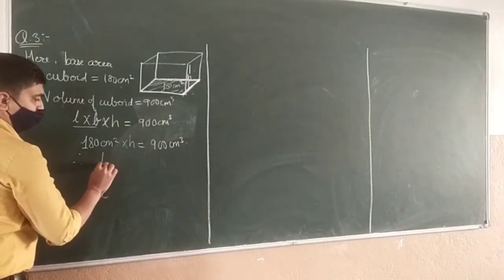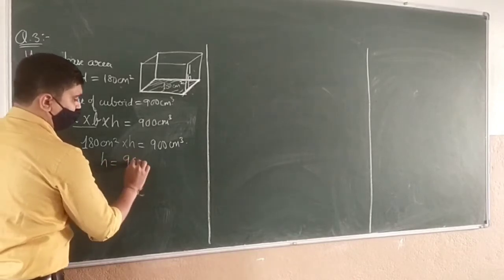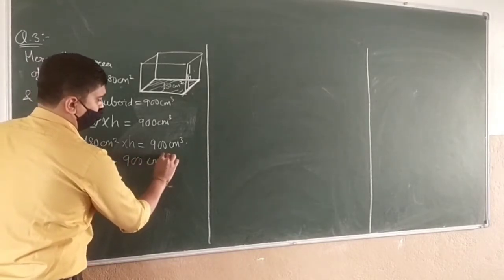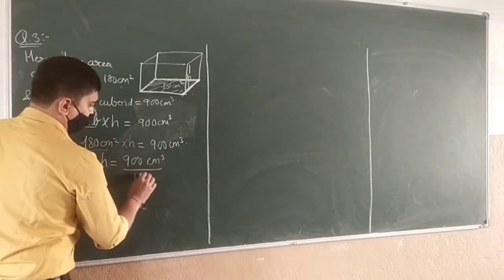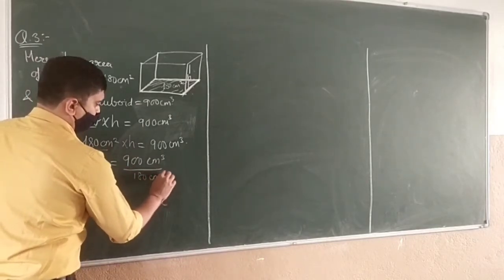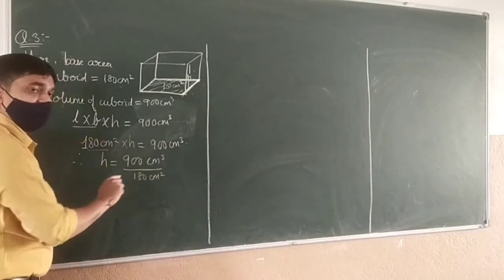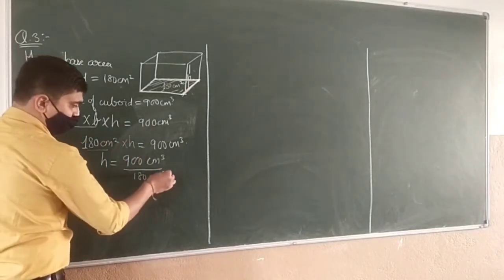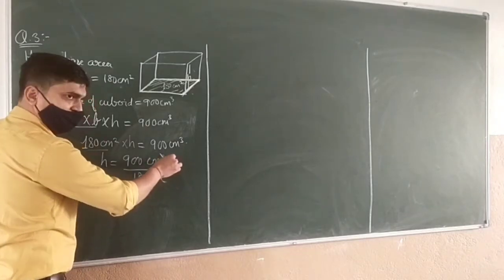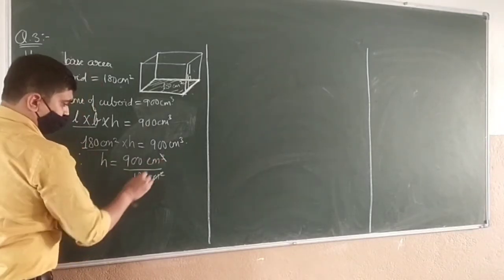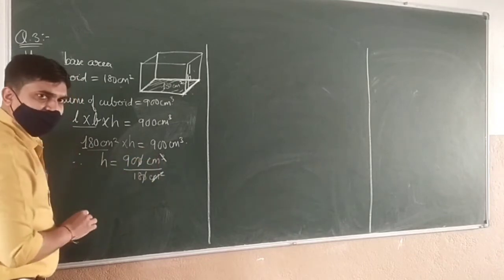Therefore, H is equal to 900 centimeter cube. This 180 centimeter square, if I take it to other side, it will divide, right? Centimeter square, and from this cube, square will cancel out. 0 and 0 will cancel out.